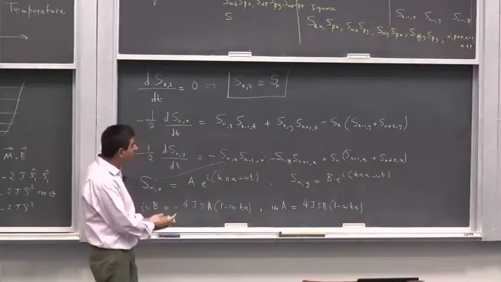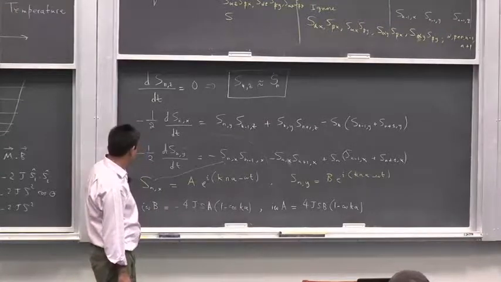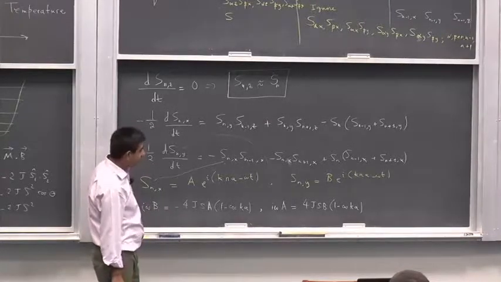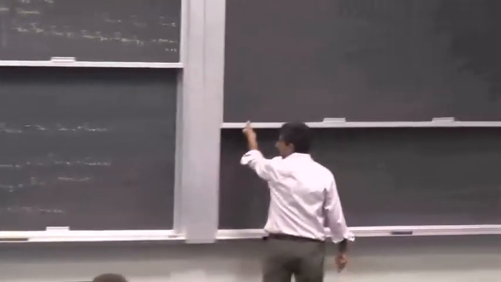Now we would like to solve these equations. These are just simultaneous equations, and what we get is quite simple. If you look at this equation, this is how you would solve this.